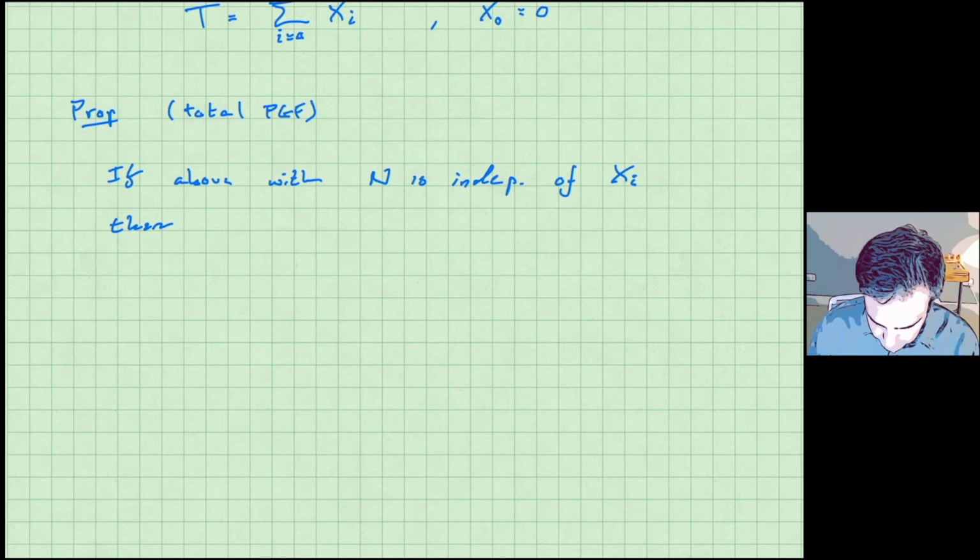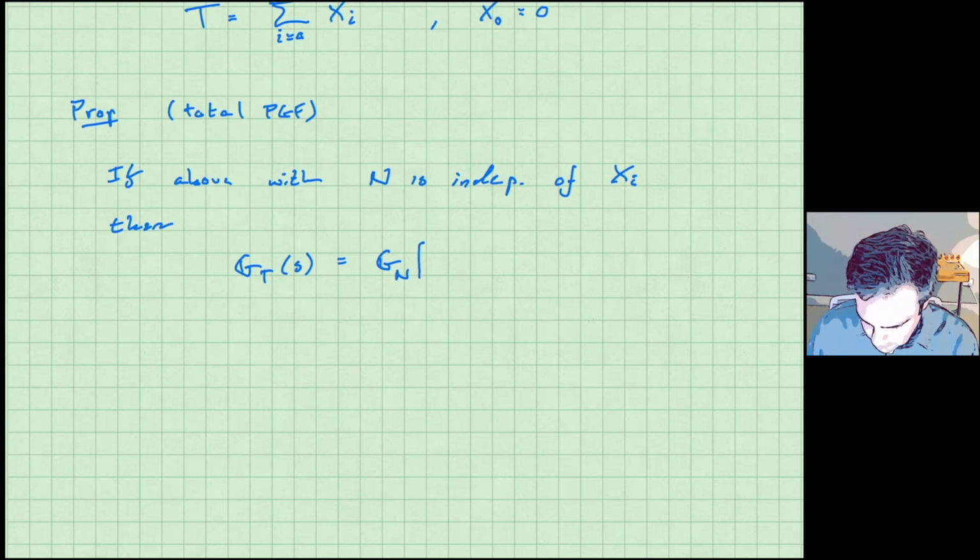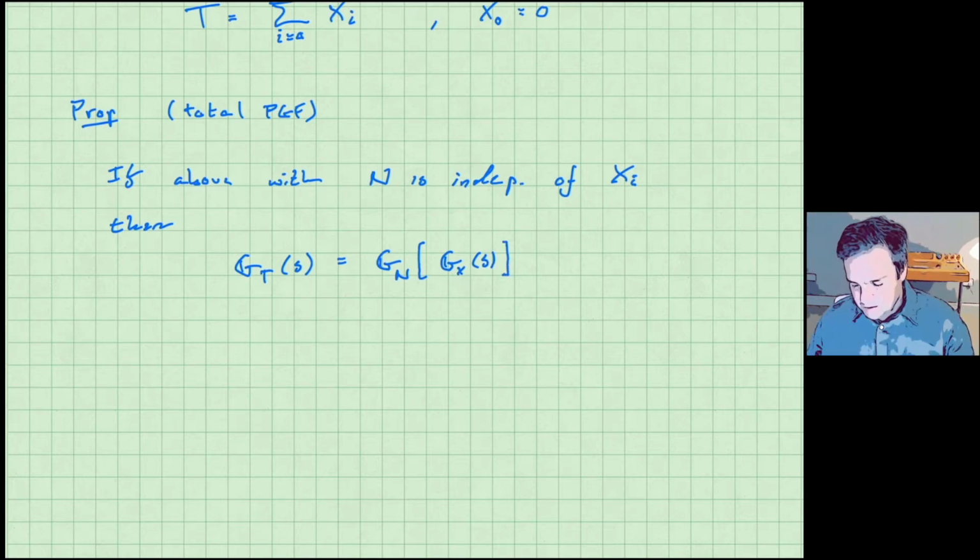Then the following is true. The probability generating function for T has this interesting form. It's the probability generating function for N, evaluated with the argument being the probability generating function for X. This is the origin of the term compound.